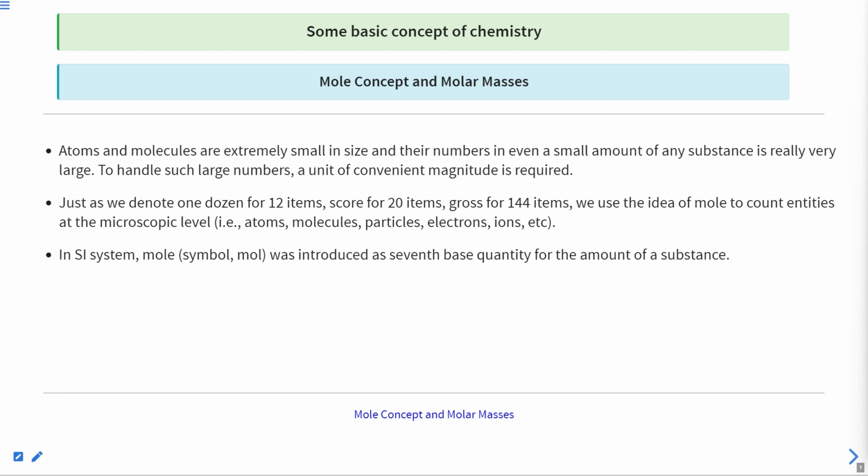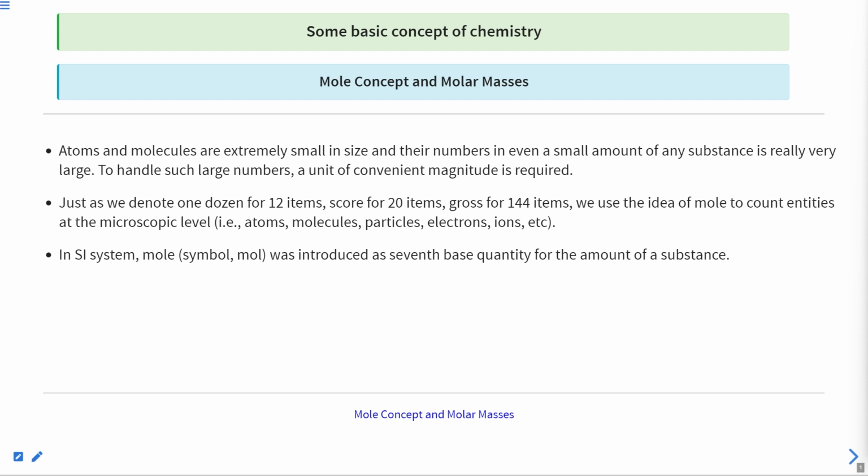So they took a carbon C12 atom, and with the help of spectroscopy, they calculated the mass of that and divided it by 12, taking 1/12 of it, and that much amount was assigned as 1 mole. Relative to that, we calculate our mole for each and every given atom.